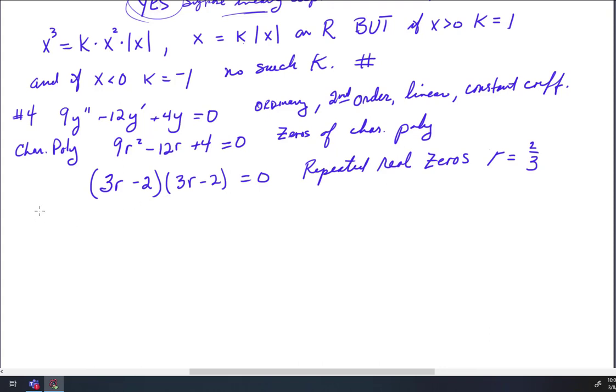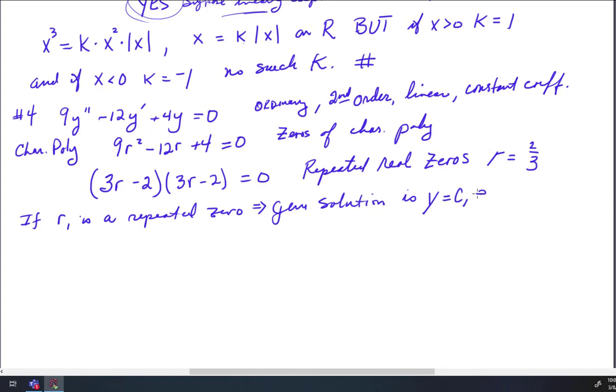Now, I don't remember which theorem number or result number it is, but if r1 is a repeated 0, then a general solution is, I guess since I started this way, I'm going to call it C1 e to the r1x plus C2 x e to the r1x.